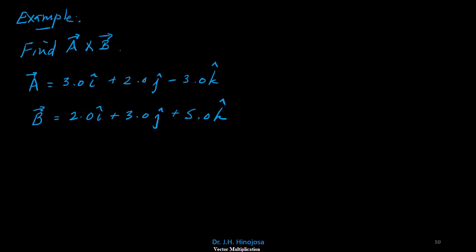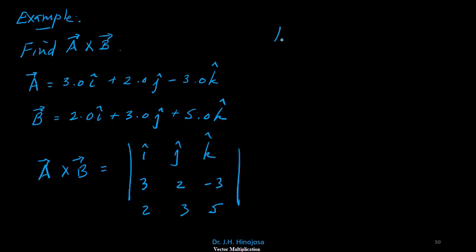So let's look at the example where we have again the same vectors a and b. For a cross b, we form our determinant with i, j, and k. Then 3, 2, and minus 3 is the first vector components a, and then 2, 3, and 5. So those are the components of vector b.